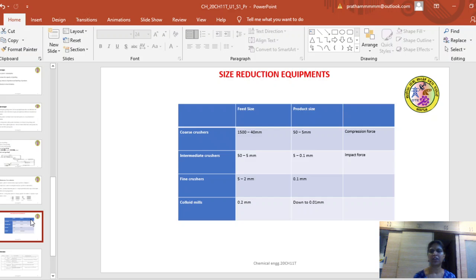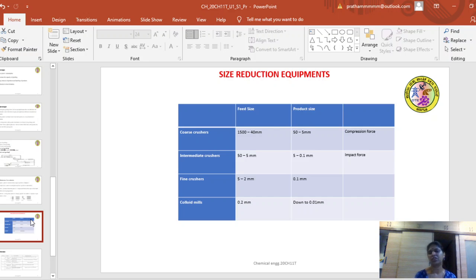So these are the size reduction equipment, just go through this: coarse crushers, intermediate crusher, the fine crusher, and colloid mills. These all, the coarse crusher, intermediate crusher, the fine crusher, and the colloidal mills, you will be learning in your further sessions, the detailed construction and working of all these equipments, in detail, equipment wise, whether it is by compression force or the attrition force.